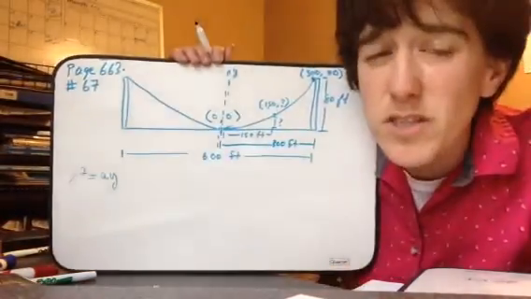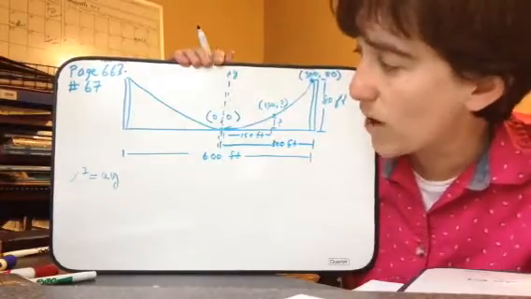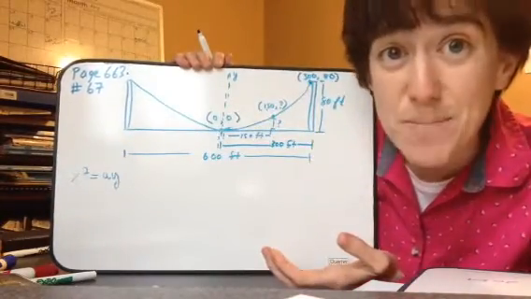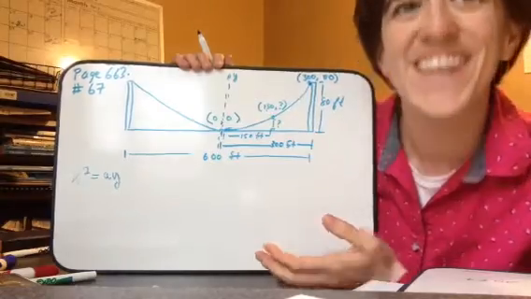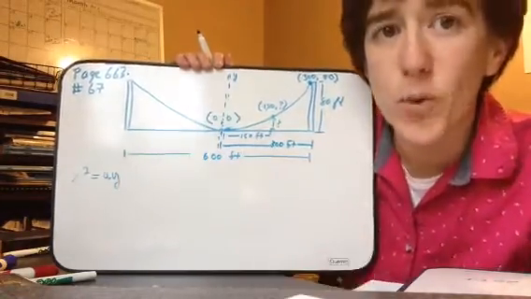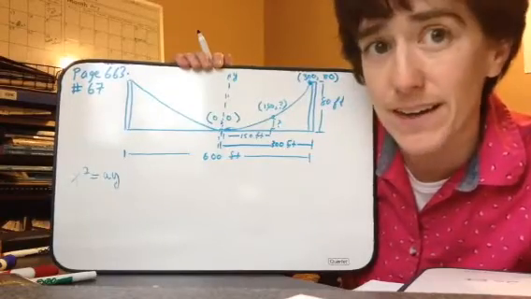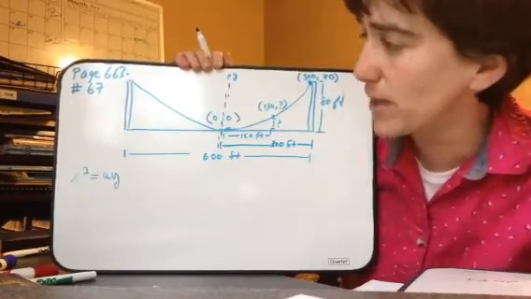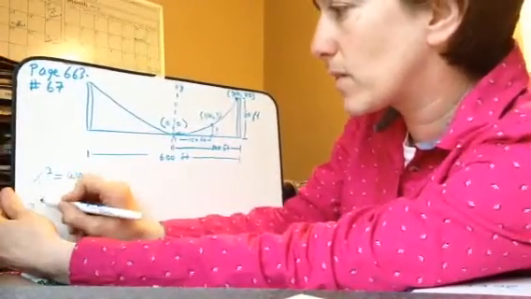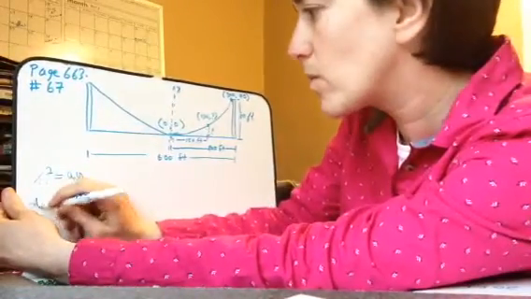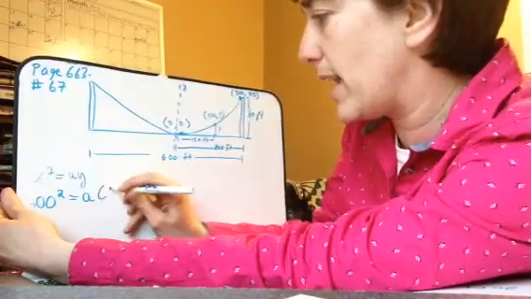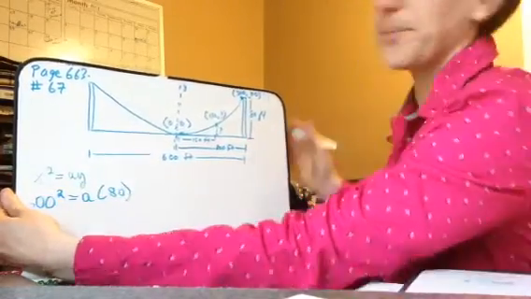Alright, this is kind of similar to the last problem we did, because now I have a point on my parabola. This point happens to be 300 with a y value of 80. So I'm going to go to my base equation and solve for a. In order to solve for a, I'll substitute in 300 for x, and I will substitute in 80 for y.